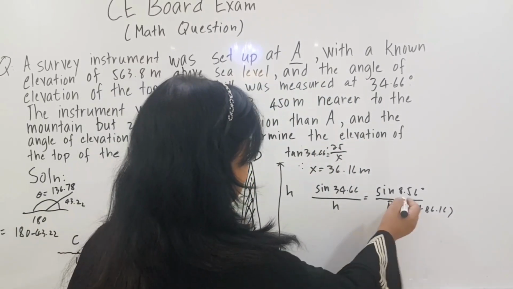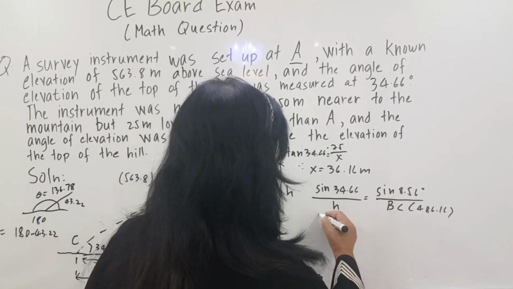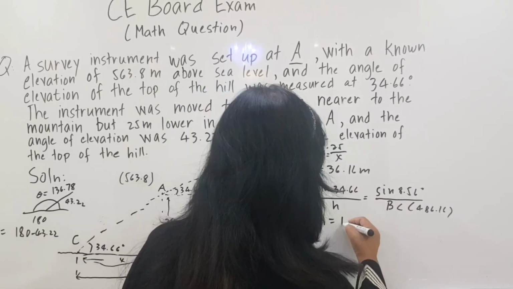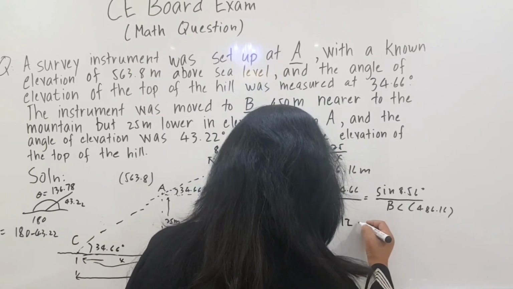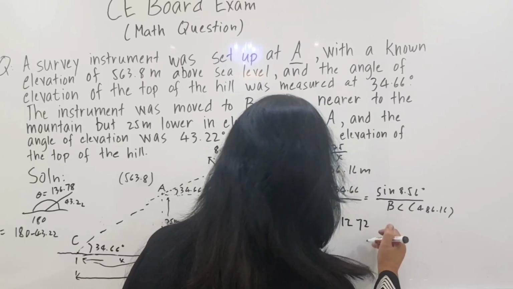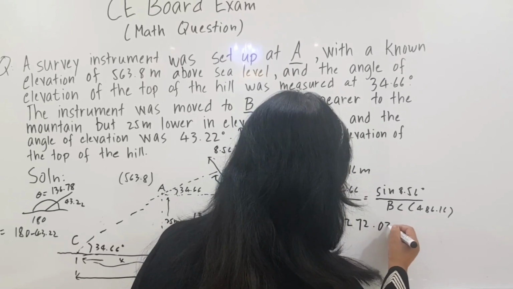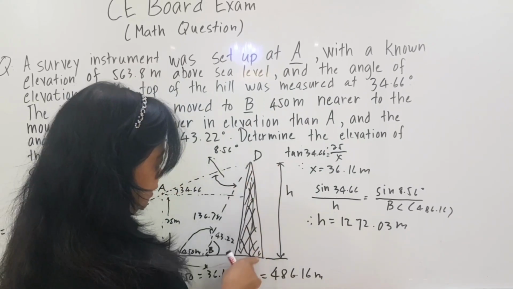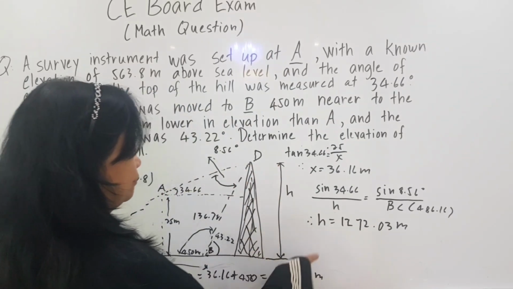Therefore, cross multiplying, H is equal to 1,272.03 from the top of the hill to this. Now we find the value of H.